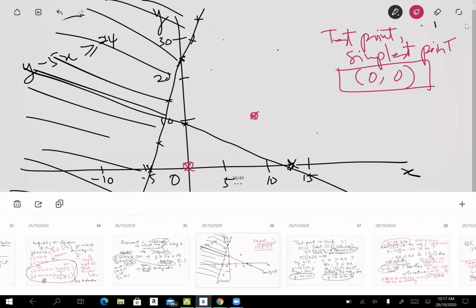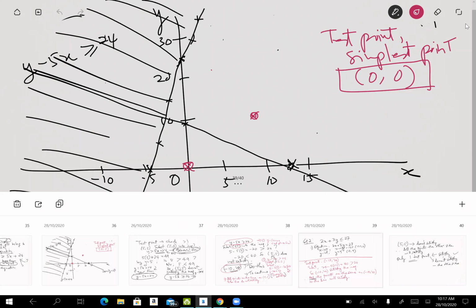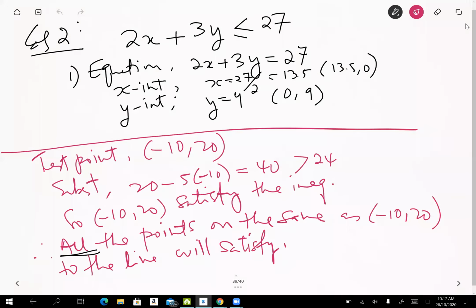You get 0. Now, is 0 less than 27? Yes, 0 is less than 27. So that point is satisfied.